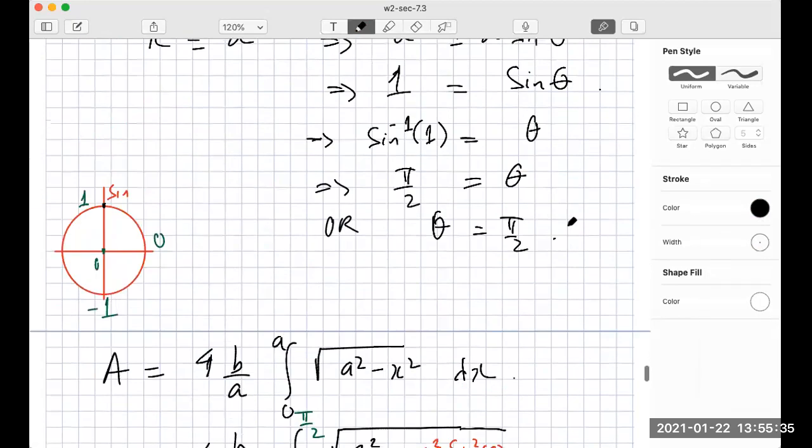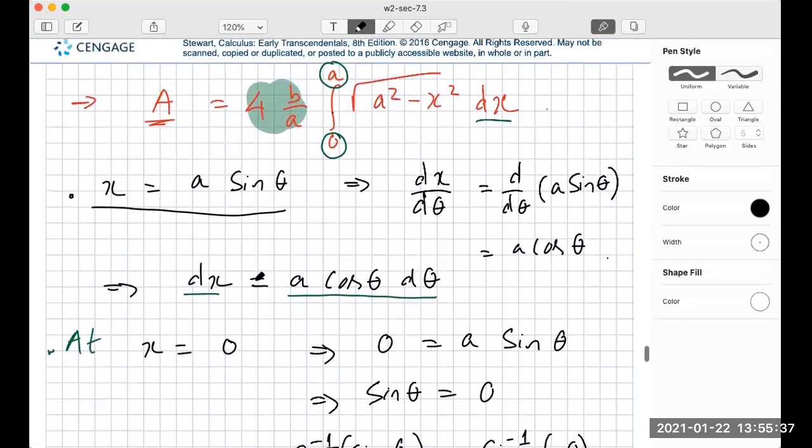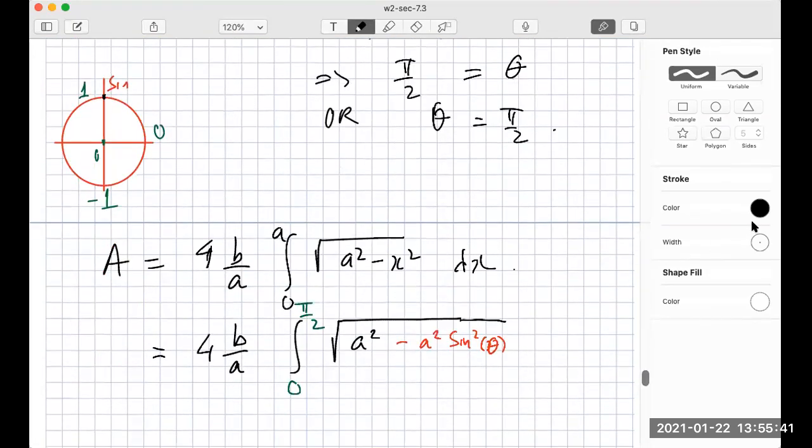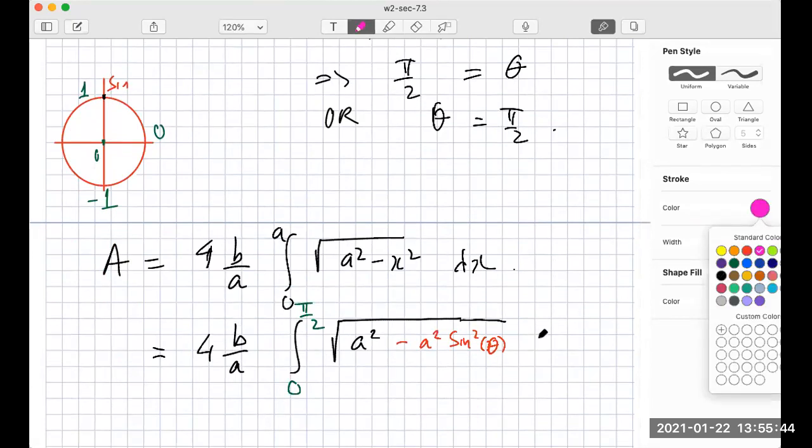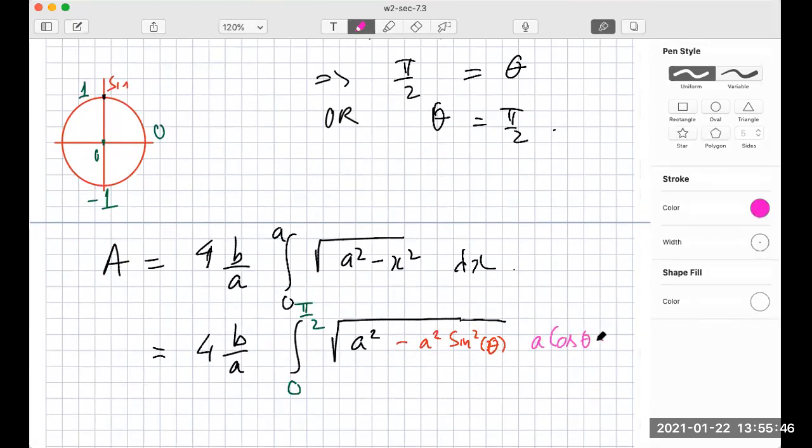And dx here, we just found it. Dx we replace by a cosine theta d theta. Is it clear? Replace, yeah, each of them by things we know. Do you have any question up to this point?